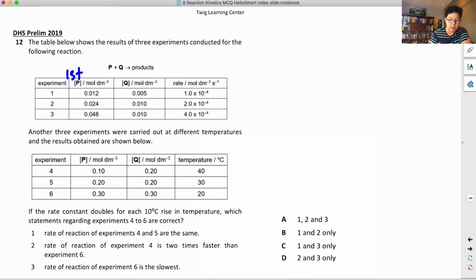I'm going to compare experiments 1 and 2. You can see that I double this one, and this one also doubles, and the rate also doubles.